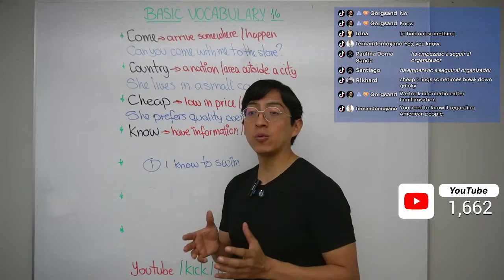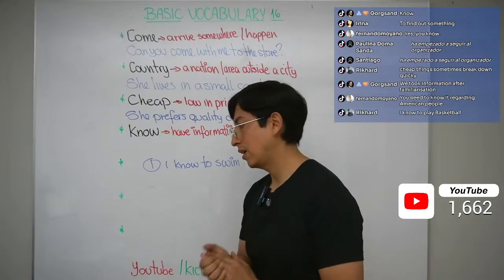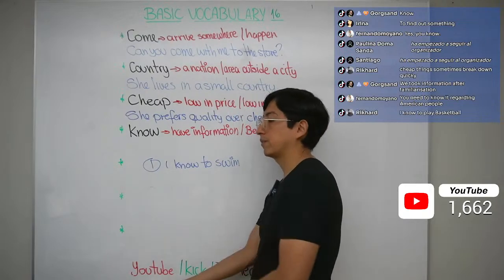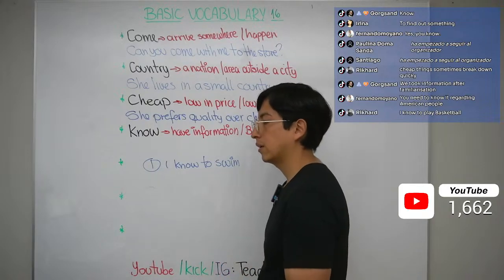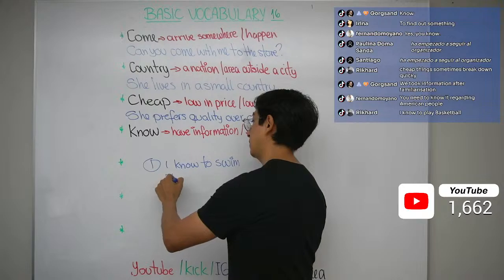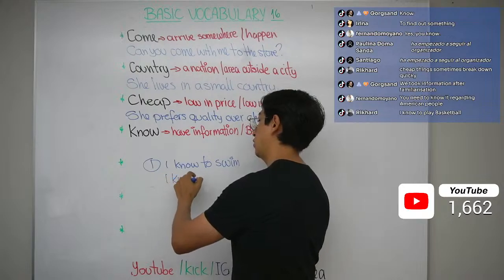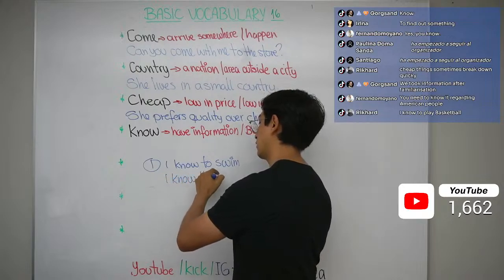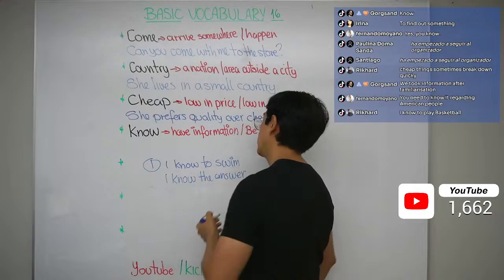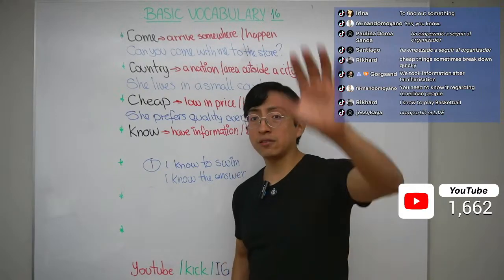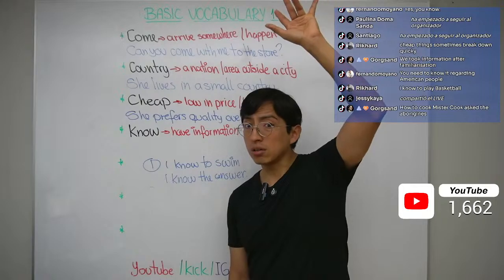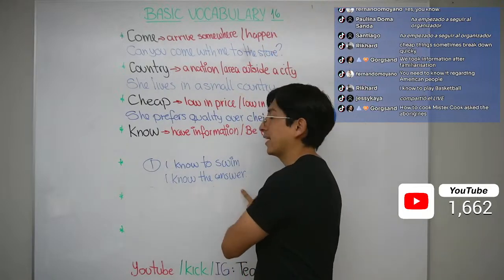So we have different characteristics using know here. Now we can also use this for, I know the answer. So the teacher asks a question and you raise your hand and you say, teacher, I know the answer.